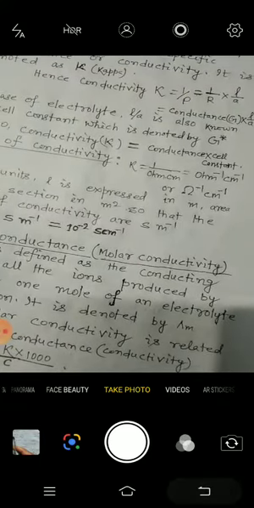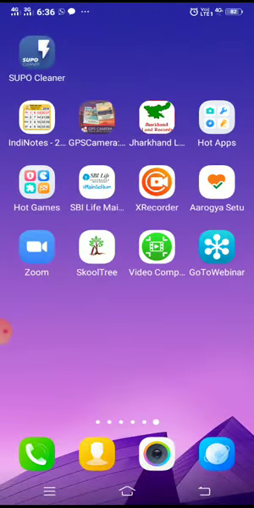This is the concept of molar conductivity and conductivity. It is a very important thing, and you should write it in your notebook. I suggest you write it here. Don't ignore it. Please mind it seriously.